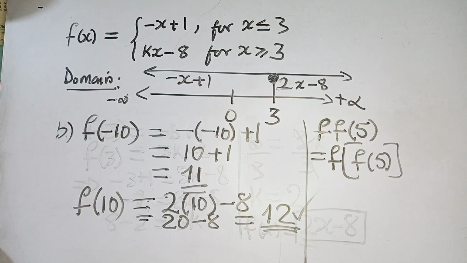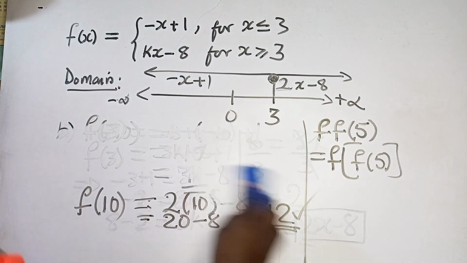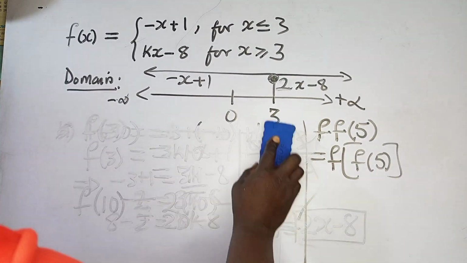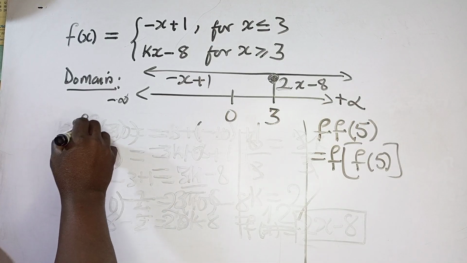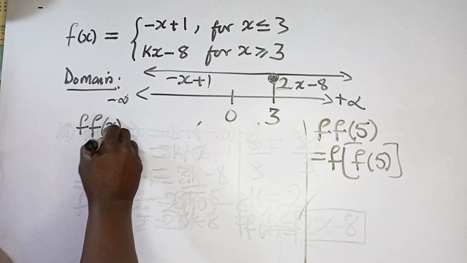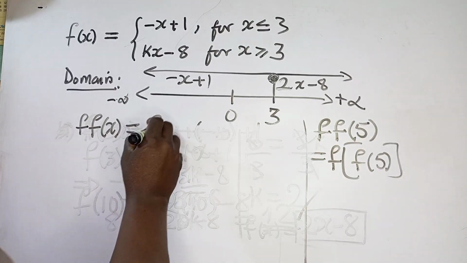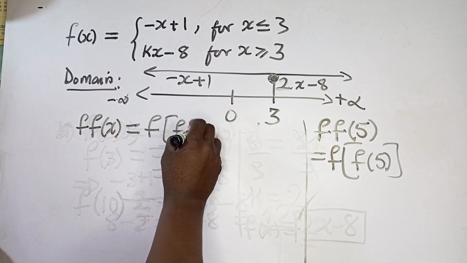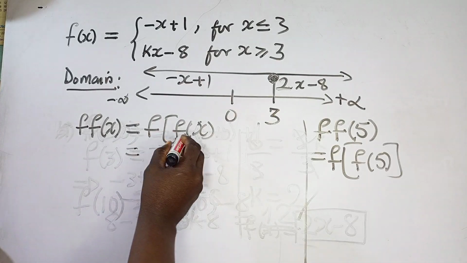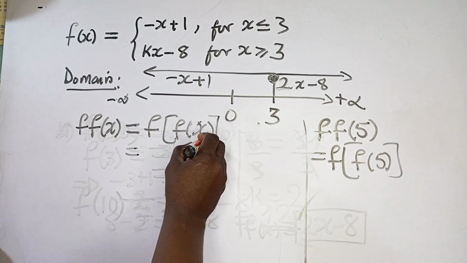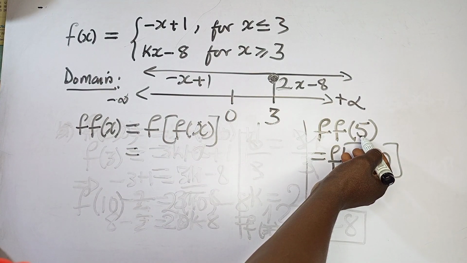Okay, now let's write it here and do it in a much more elaborate manner. So let us first of all get our f of f of x. What is it? It is f carrying f of x. And we know our x here is 5.